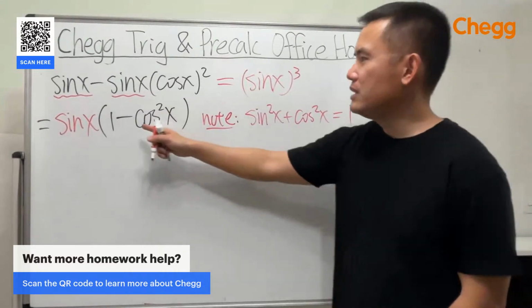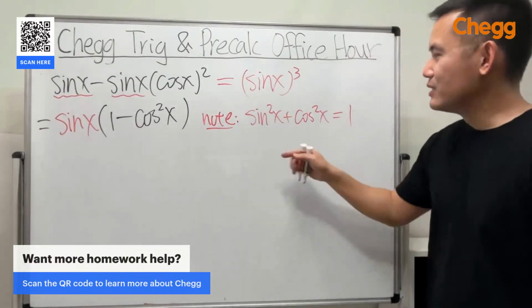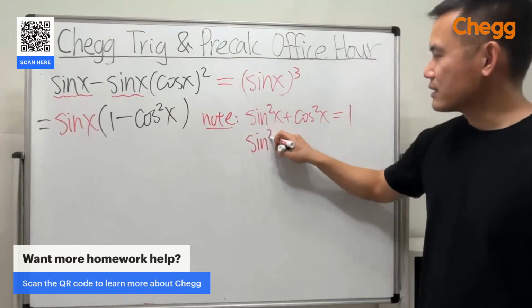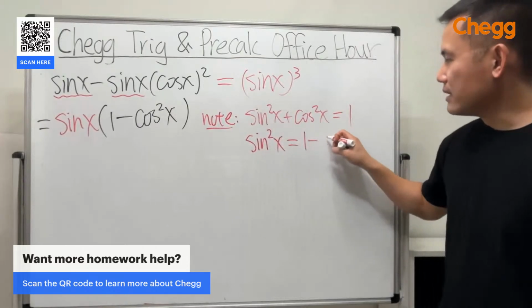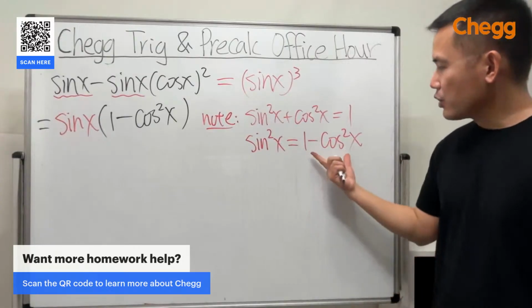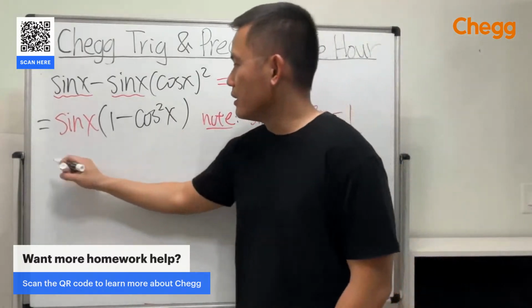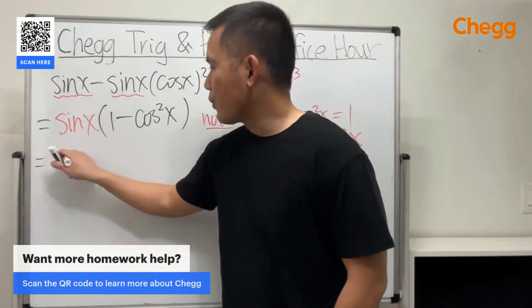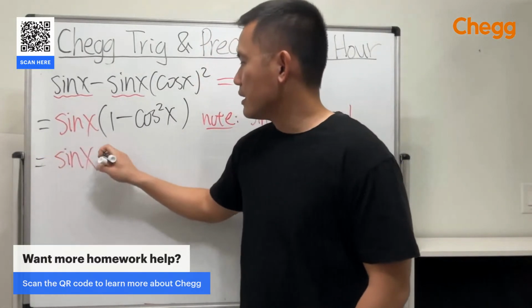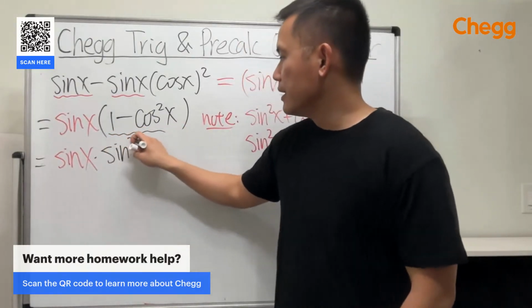And of course, if you see the 1 minus, we can just subtract the cosine squared from both sides. So we can see sine squared x is equal to 1 minus cosine squared x. So instead of this, we can replace that with this, put it here. So we get this sine x from the front times all this right here, which is just sine squared x.